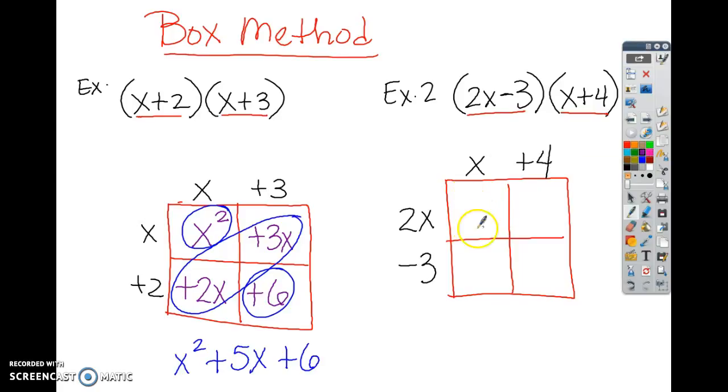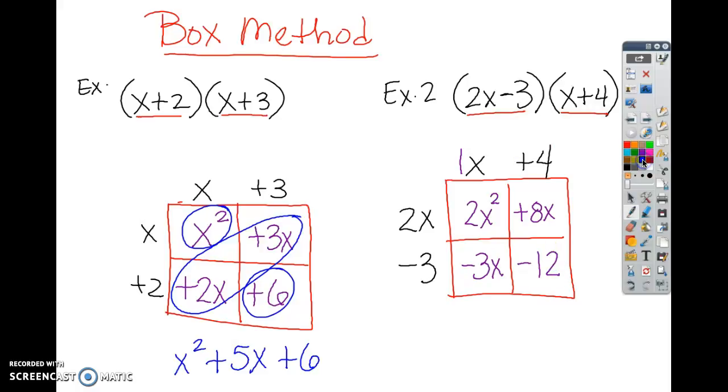So in this box, you would multiply 2x times x. 2x times 1x is 2x squared. In this box, you would multiply the 2x times the 4, and it gives you a positive 8x. What would you multiply to get this box? The negative 3 times the 1x, which gives you negative 3x. And then negative 3 times 4 goes in the last box, which gives you negative 12.